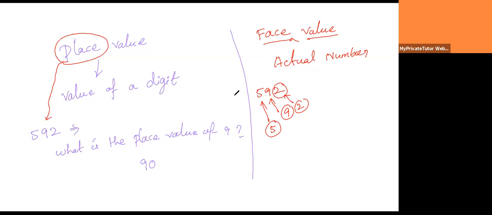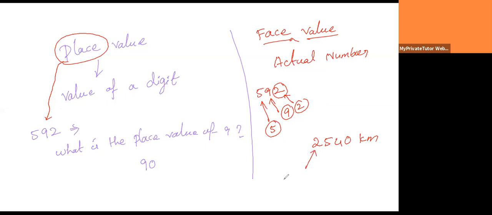For example, let's say 2,540 kilometers, the distance between two cities or two islands. So here you can see that 2 is in the thousands position.